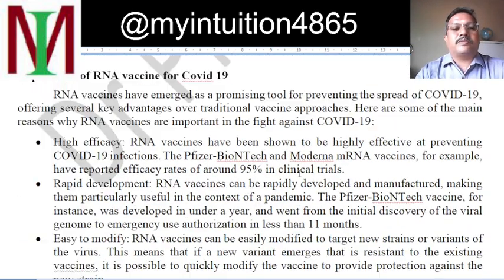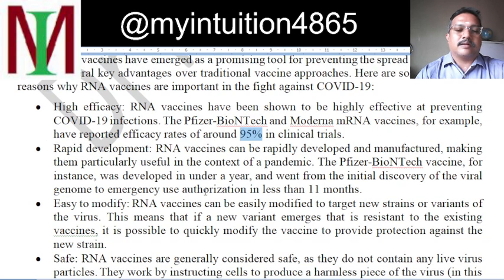What is the importance of RNA vaccines for COVID-19? They have high efficiency. In clinical trials the rate reached up to 95%. It means 95% of people are cured, or become resistant to the SARS-CoV virus attack. Then rapid development.